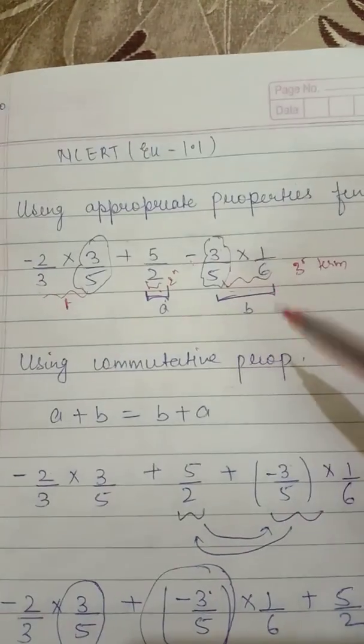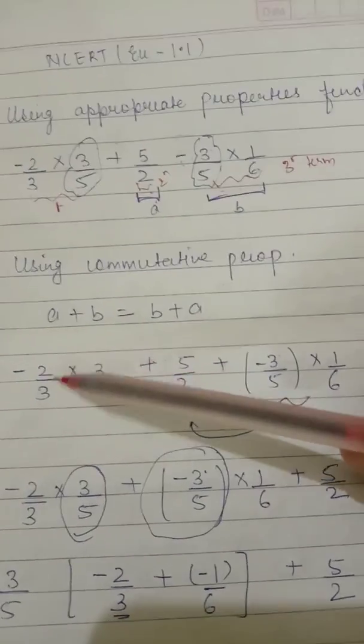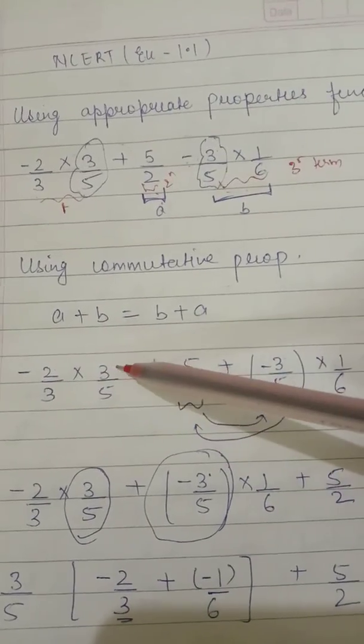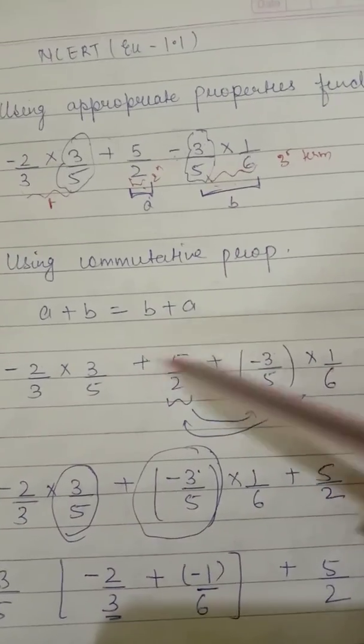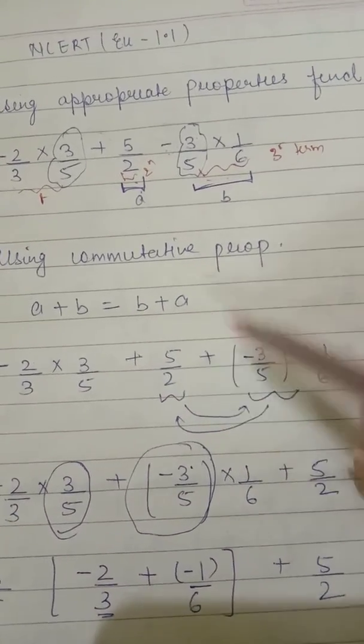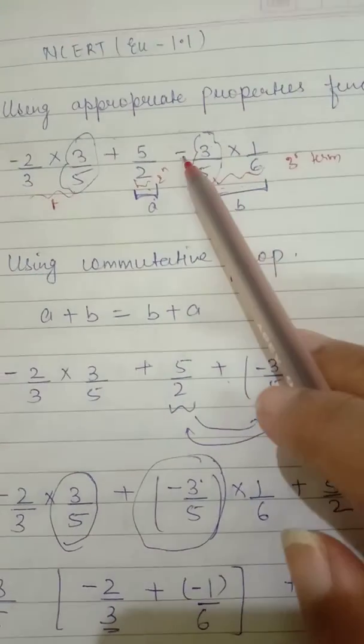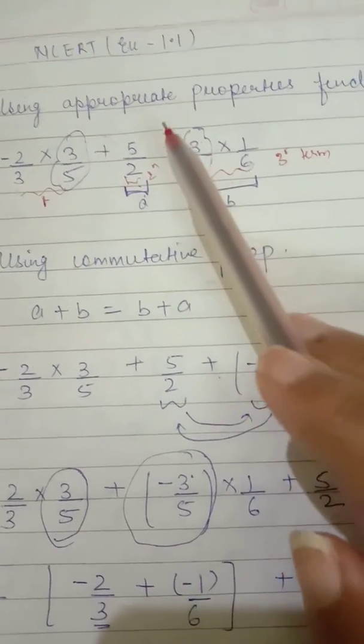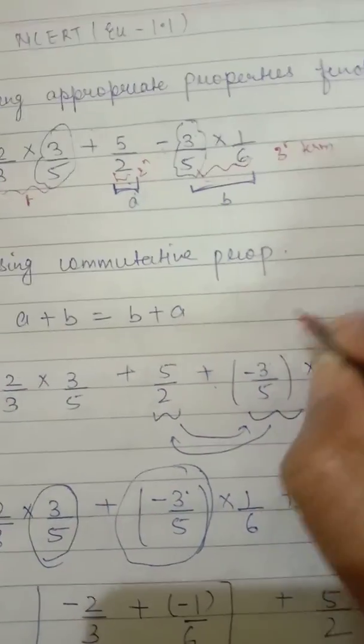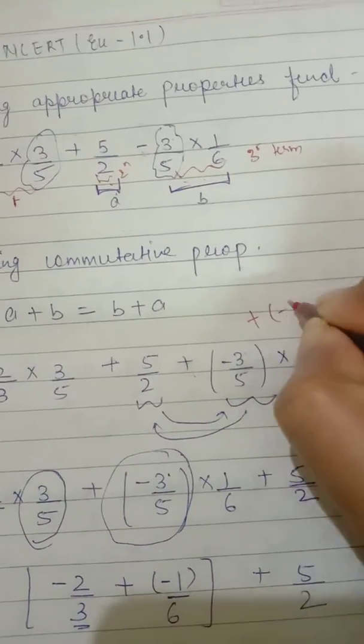So what can I write? I can write this question as minus 2 by 3 into 3 by 5 plus 5 by 2, and then I will write plus, because this negative sign which is present here, I can write this negative sign as plus minus 1.